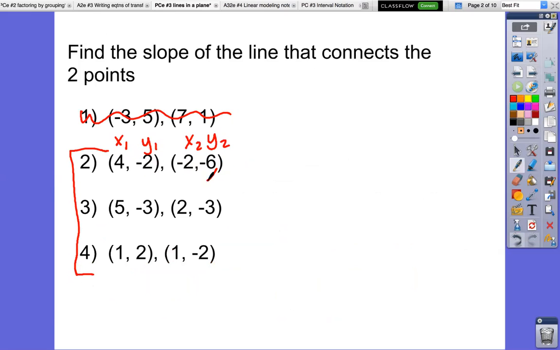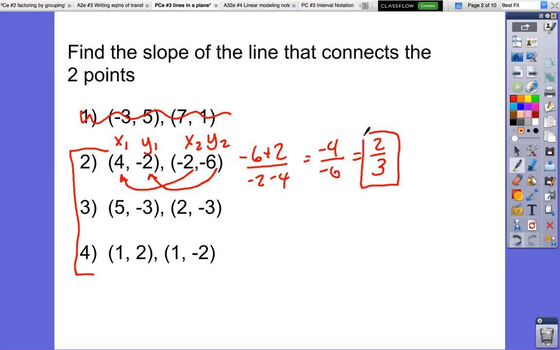Now somebody's going to say, does it have to be y2 minus y1, which would be negative 6 plus 2, over x2 minus x1, which is negative 2 minus 4? The answer is, I do not have to go in that order. What if, for instance, this was the second point that I saw, and this was the first point?